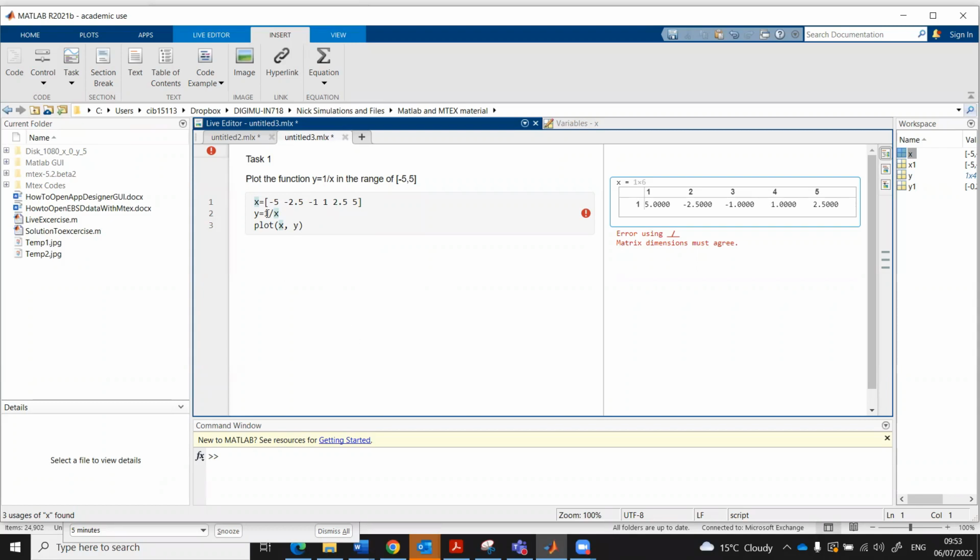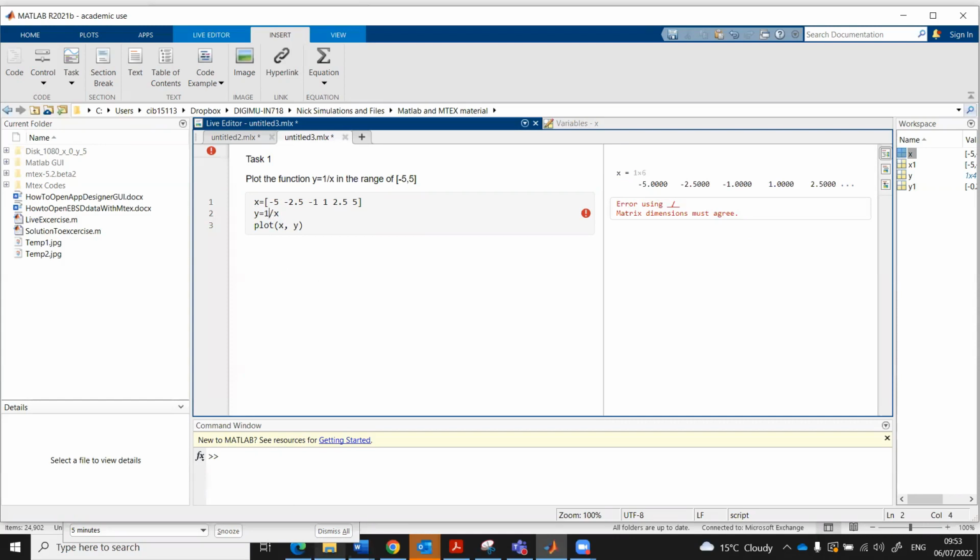To do anything element by element, before the operation sign we need to put a dot. It is the same as when writing x power 2 or multiplying. So this is the correct way to write it.